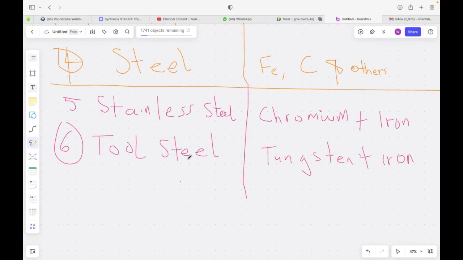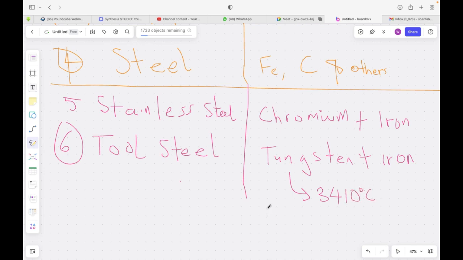Okay, tungsten and iron, when they mix together, they can create what we call the tool steel, because tungsten has a very high melting point of any metal, and it melts at about 3,410 degrees Celsius.